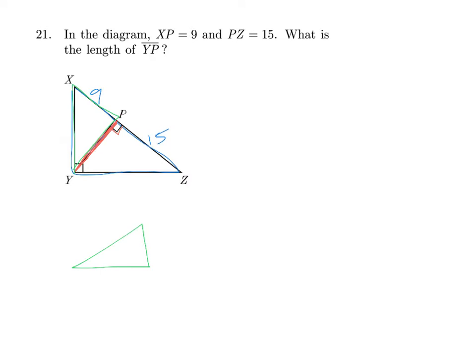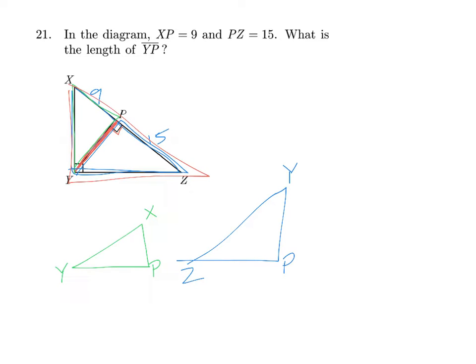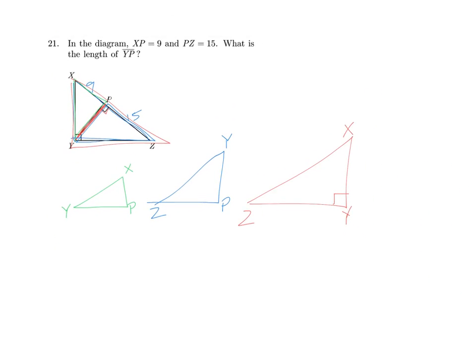Then I'm going to label it too. So it's going to be X, P, Y. Then I have the medium, Y, P, Z, and I got the whole thing, which is X, Y, Z. Okay, so let's make sure we label it correctly now.